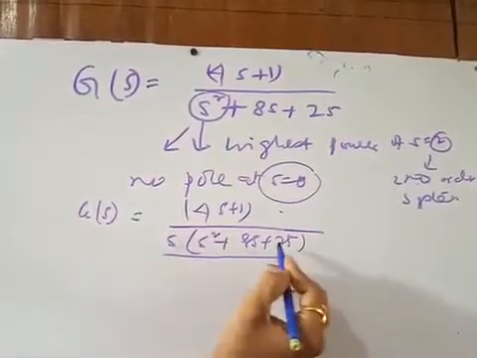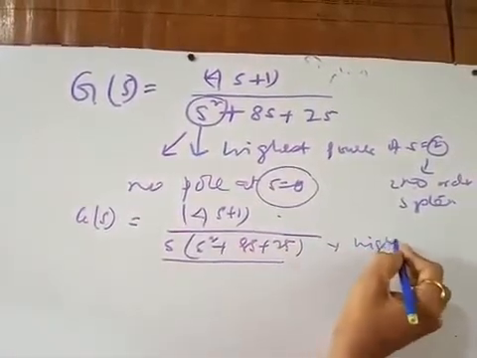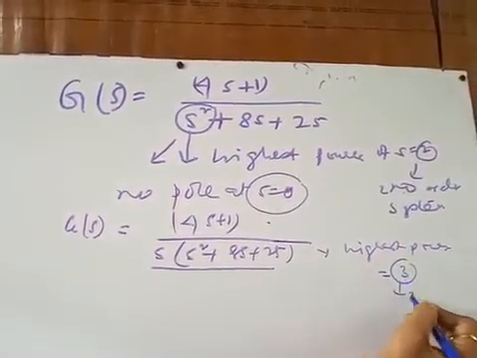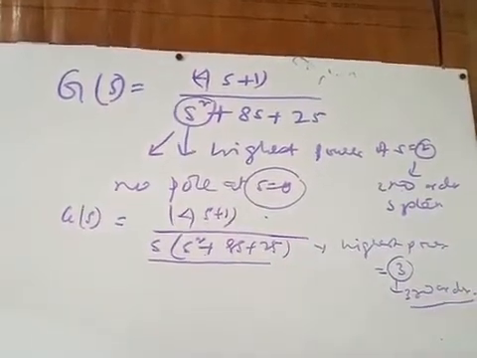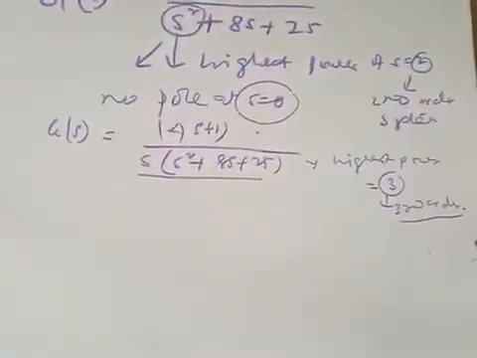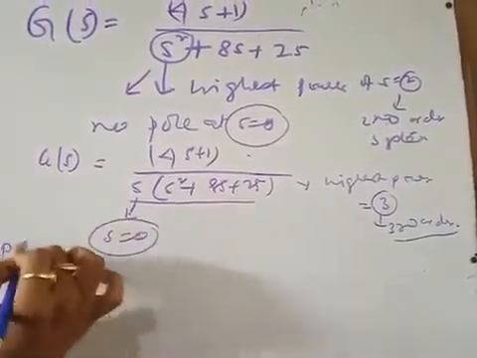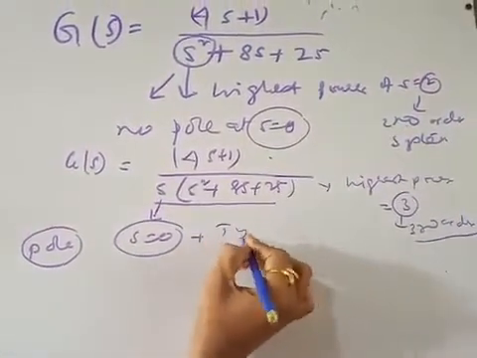If you multiply this term, the highest power in the denominator will be 3, so definitely this will be a third order system. Simultaneously, you get a single pole at s is equal to 0. That means this is a type 1 system.